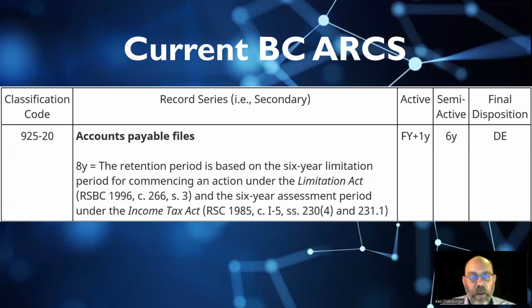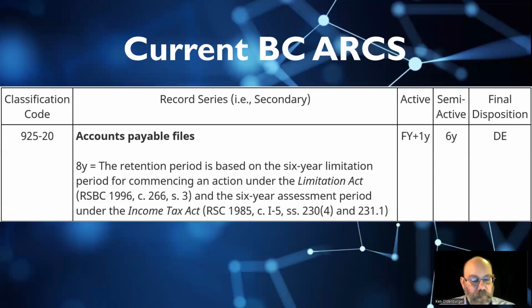Okay. Now we have some issues. The BC government system is not great. It was developed in the early 80s, and a lot of things that were good and beneficial in the early 1980s are no longer good and beneficial. They are clumsy and odd, and at points even illogical.